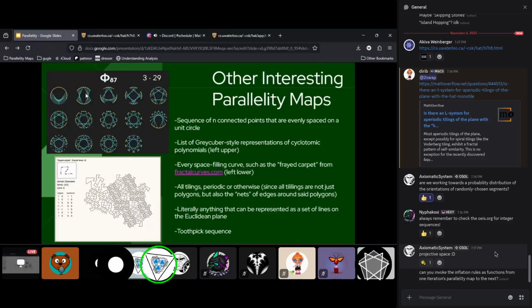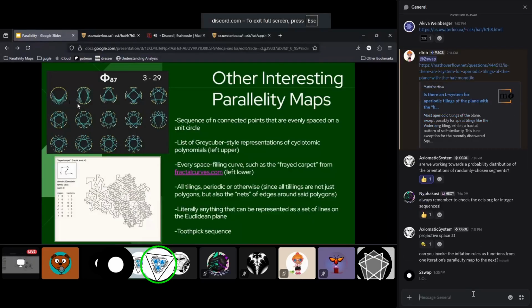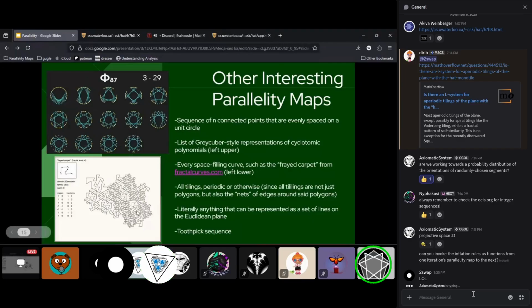All of the Gray code representations of cyclotomic polynomials are just sets of points on a circle, so you could connect all points to the adjacent point on the circle and then find the parallelity map of that shape. I wouldn't even know what to speculate as an interesting possibility there, but I couldn't help but speculate.